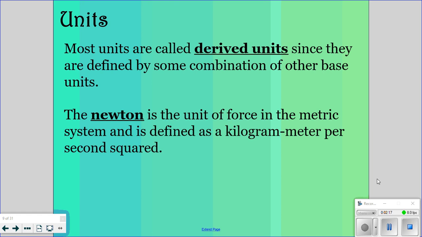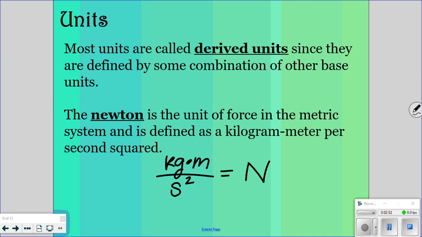The Newton is the most commonly used derived unit that we're going to use in physics, and it is a kilogram times meter per second squared. That is a Newton.